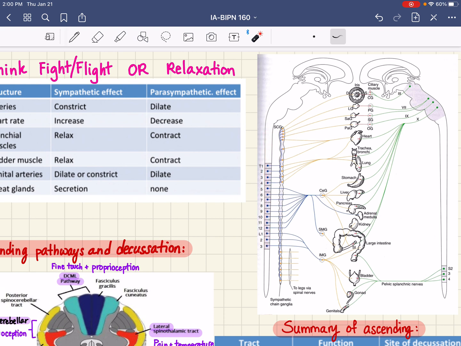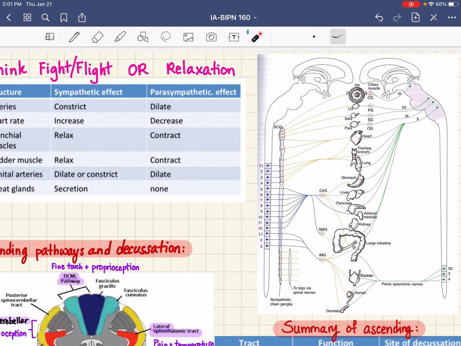Okay, then let's look at the right side where the parasympathetic nervous system is shown. In contrast to the sympathetic nervous system, the parasympathetic nervous system has the brainstem controlling most of the parasympathetic action, and then some of the sacral regions also.